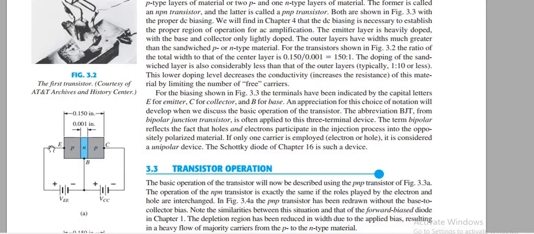This complete loop is there, and this complete loop is there. E indicates the emitter terminal. B indicates the base terminal, and C indicates the collector terminal.